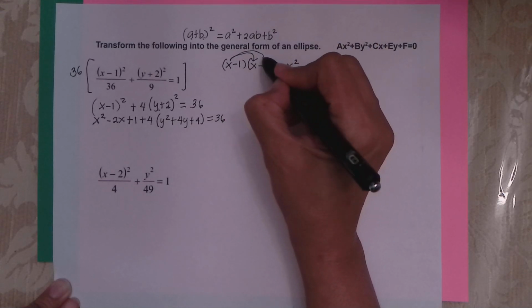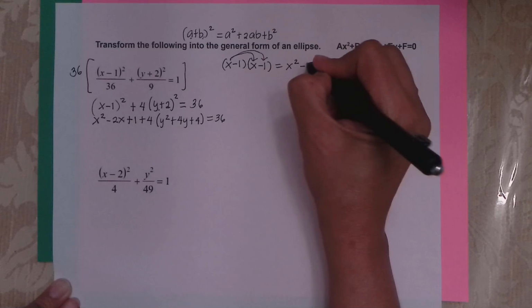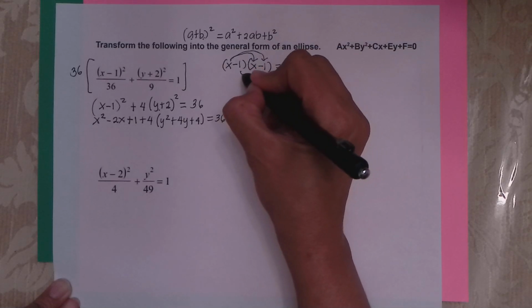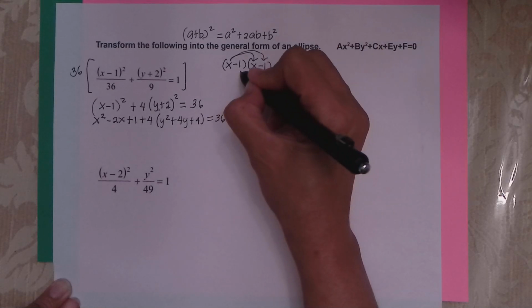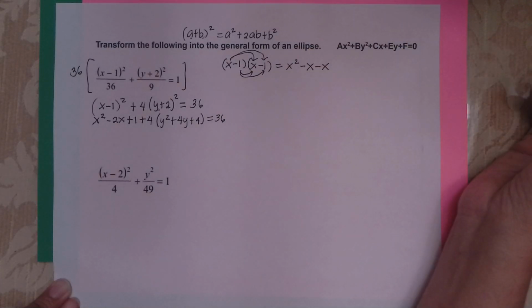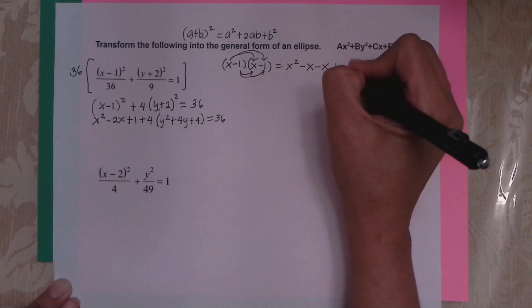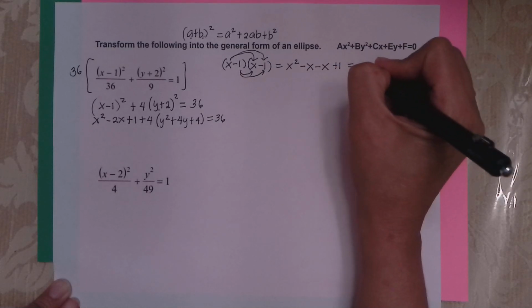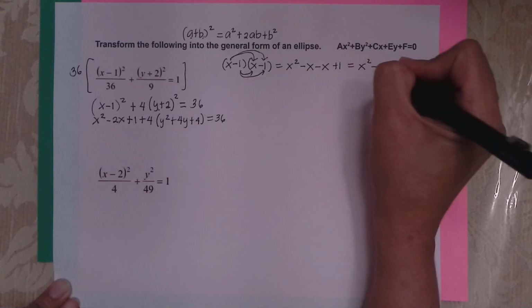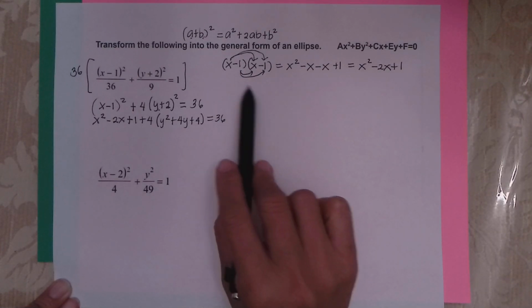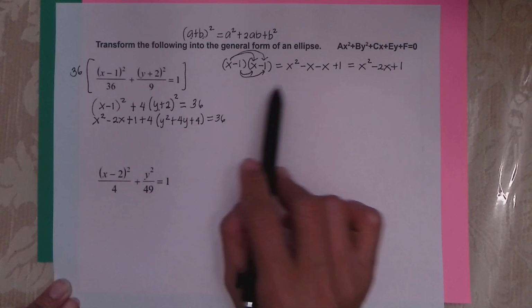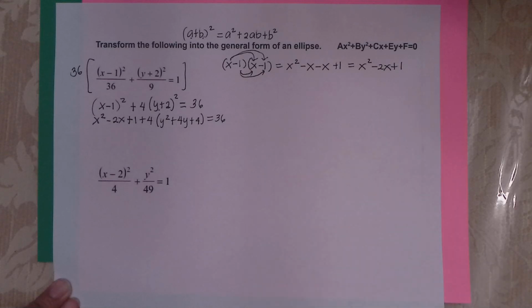X times negative 1 gives us negative x. Negative 1 times x gives us negative x. Negative 1 times negative 1 gives us positive 1, which is just x squared minus 2x plus 1. If you want to use the distributive property or FOIL method, it's up to you.